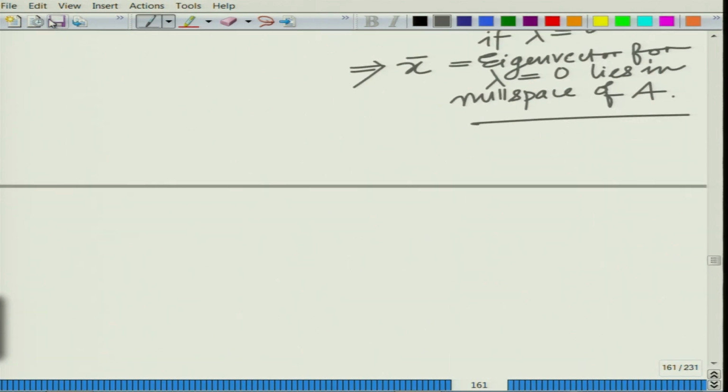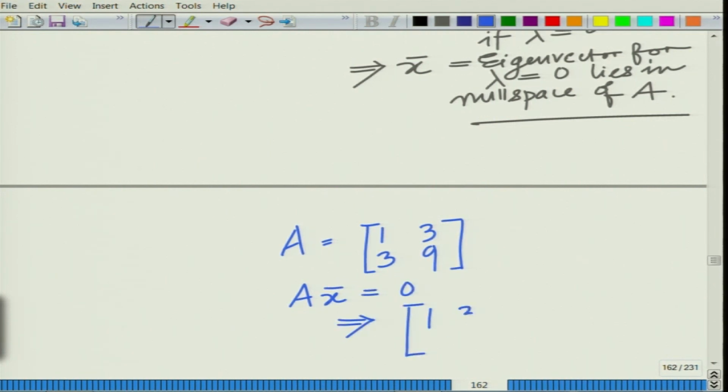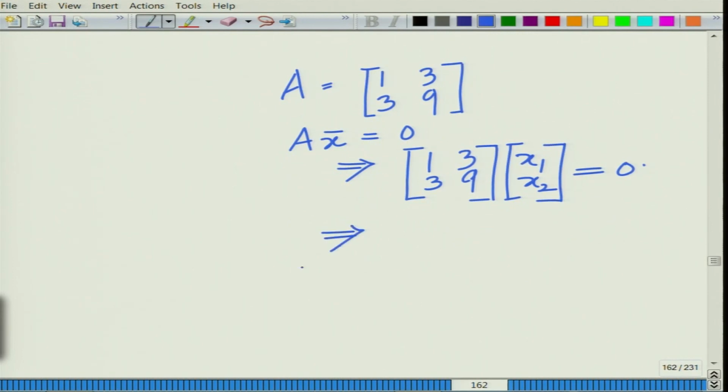I mean, it's not very difficult to see. And now, if you look at A equal to [[1, 3], [3, 9]], and if you set out to solve A x bar equal to 0, this implies [[1, 3], [3, 9]] times [x1, x2] equal to 0, and this implies x1 plus 3x2 equal to 0, which implies x1 equals minus 3x2.